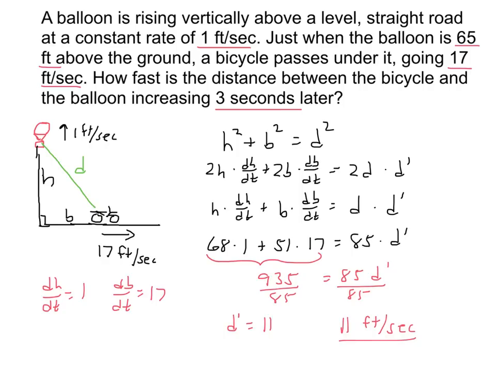This now gives you a couple of examples of a related rate problem. We will do a couple more examples in class along with some problems from the book. So please make sure that you have an understanding of each one of these problems.